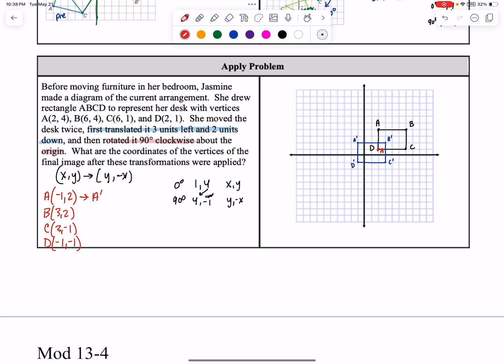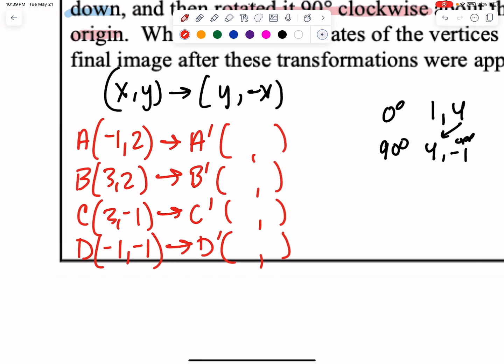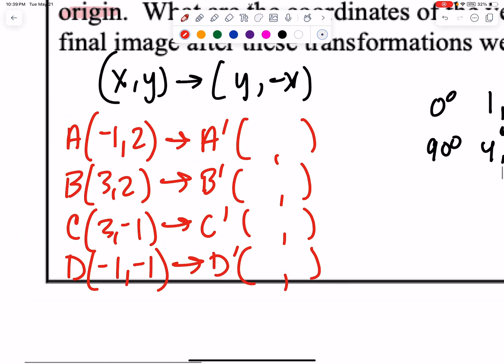So we got A prime, B prime, C prime, D prime. We got ordered pair spots here. Okay, and then let's just go ahead and follow the mapping here. The Y moves to the X spot, and the 1 becomes the opposite.